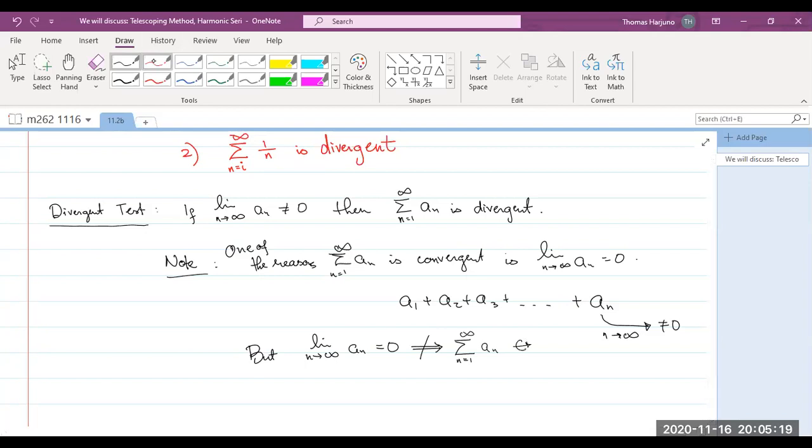No, it's not true. Why? See the harmonic series. The harmonic series is a series where the limit of the term is 0.